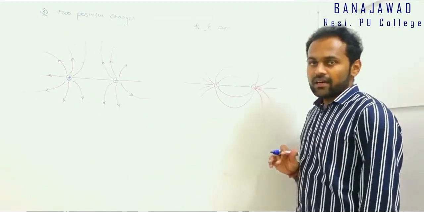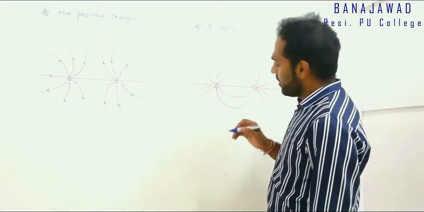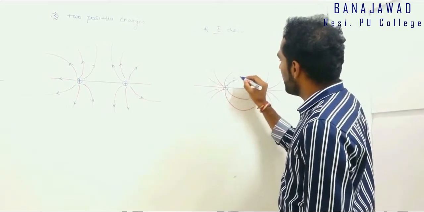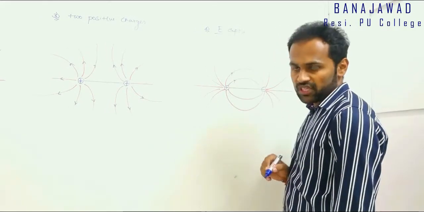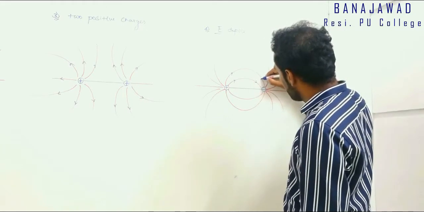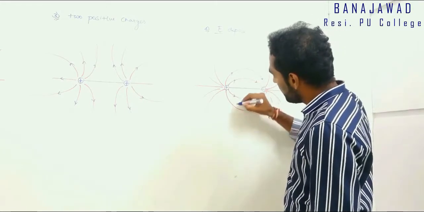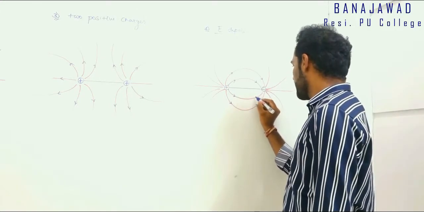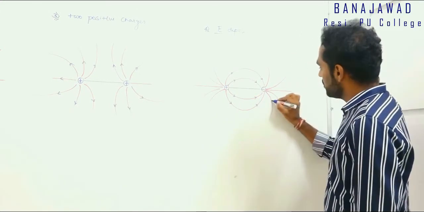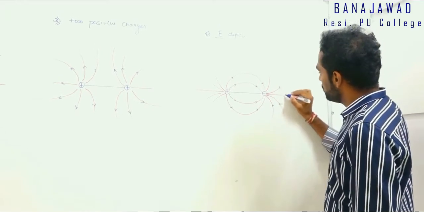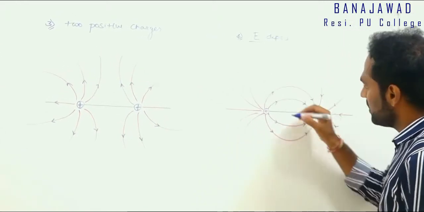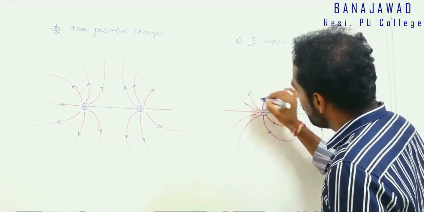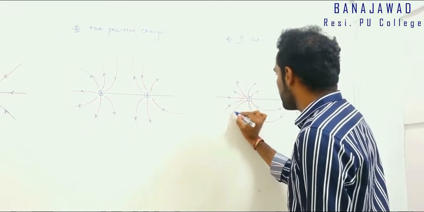That's why the lines should be shown in this way. The electric field lines should be radially outwards from the positive charge and radially inwards to the negative charge. So all the lines coming from the positive charge should be outwards, and all the lines going towards the negative charge should be inwards. This is the electric field lines for an electric dipole.